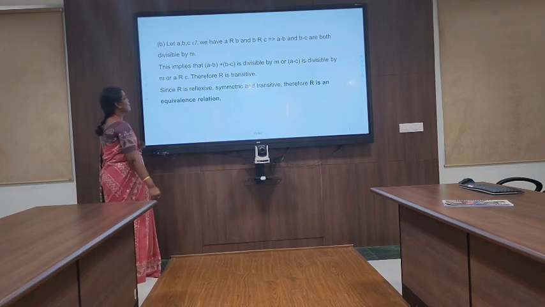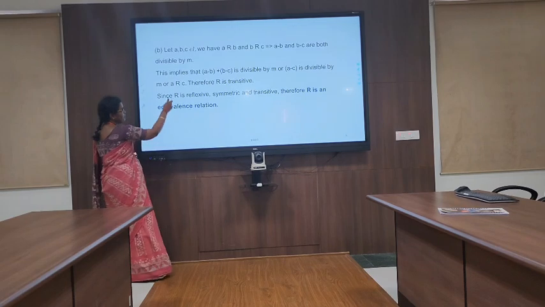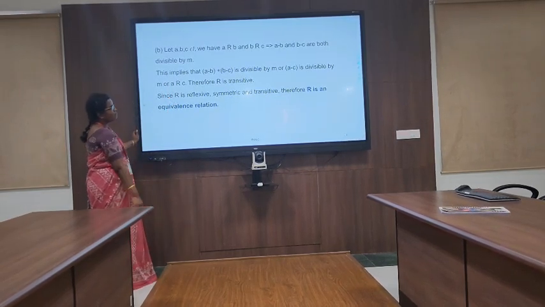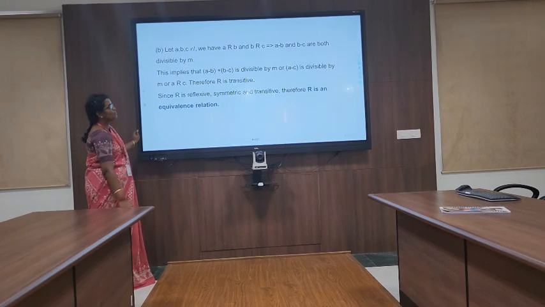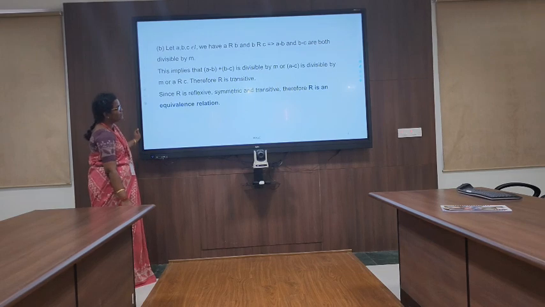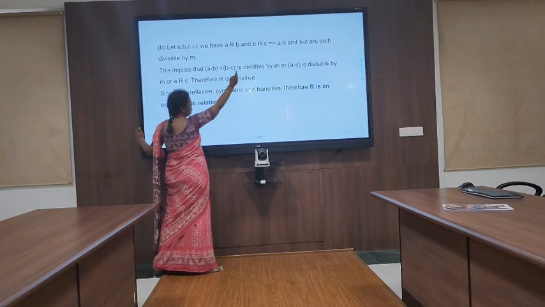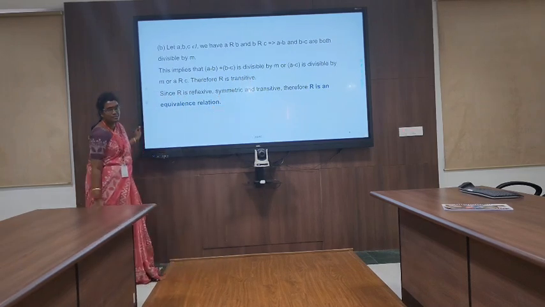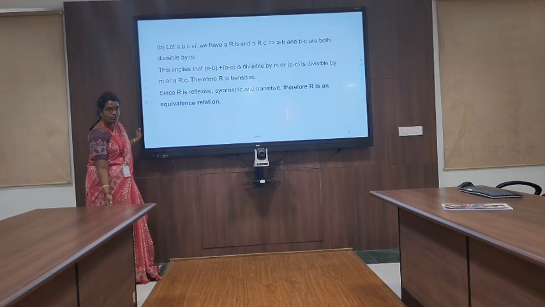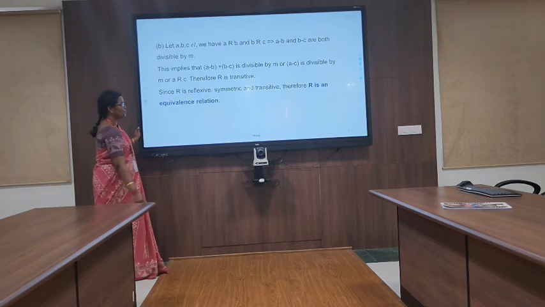The third property: assume A is related with B and B is related with C. We try to show A is related with C. If A is related with B, the given condition gives that the difference A minus B is divisible by M, and the difference B minus C is also divisible by M. Hence, the sum is also divisible by M. On the set of integers I, if 2 is divisible by 2 and 4 is divisible by 2, the sum 2 plus 4 is also divisible by 2.